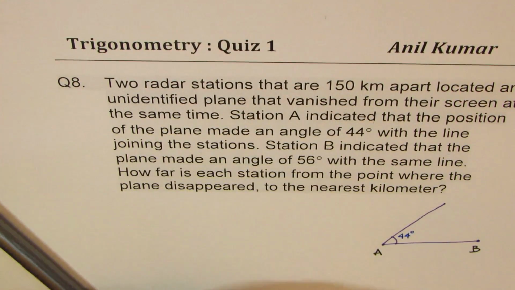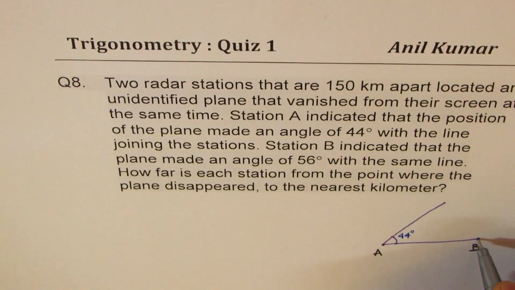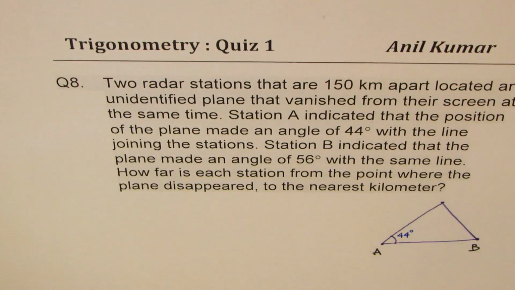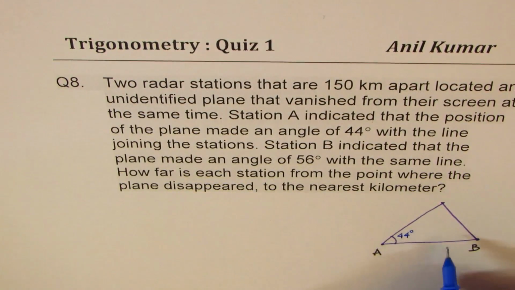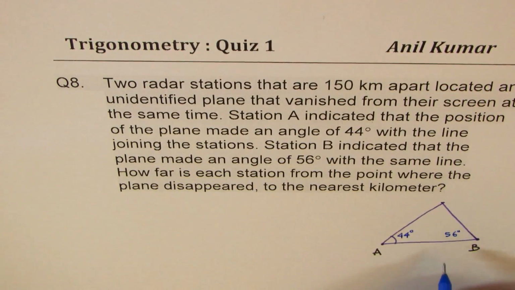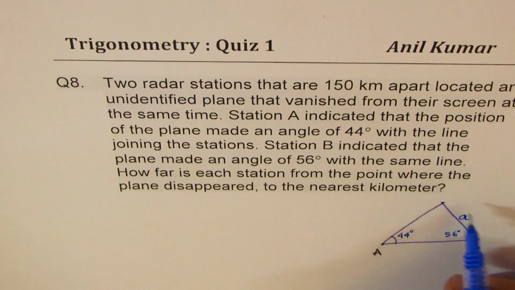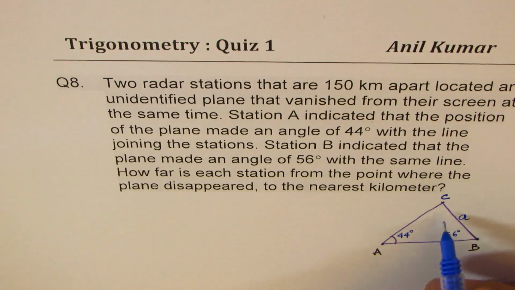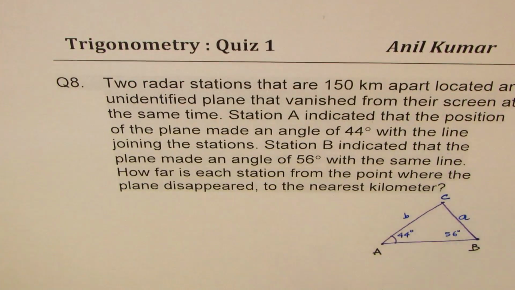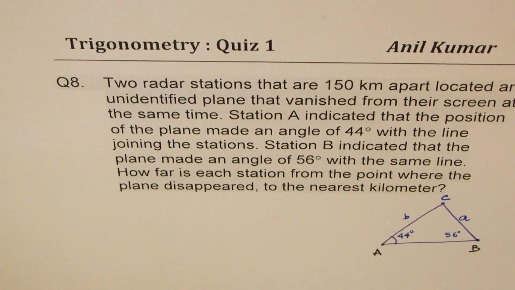And from B, it is 56 degrees. So let's say this is 56 degrees. So what we are supposed to find is these lengths, right? Let's call this point C, and we want to find these sides, correct? So that is the question for you.